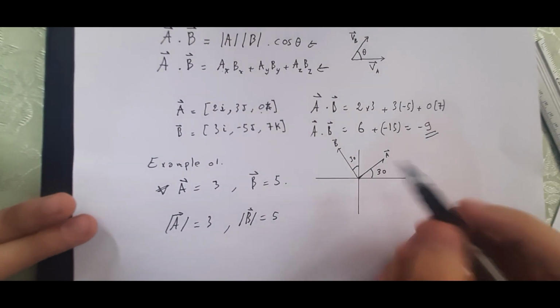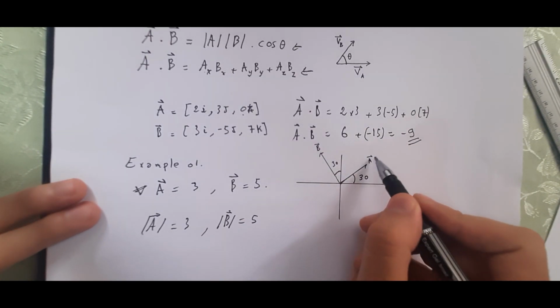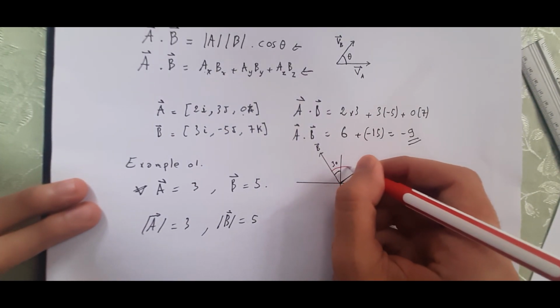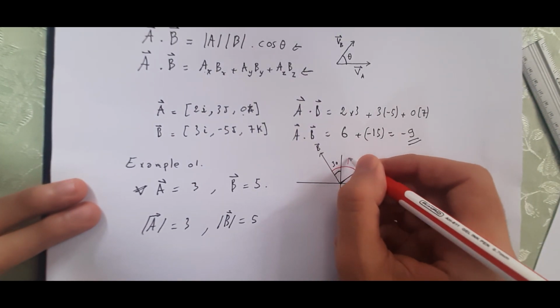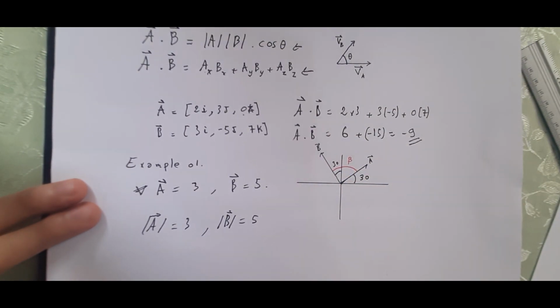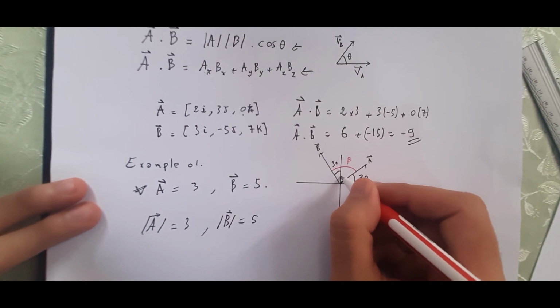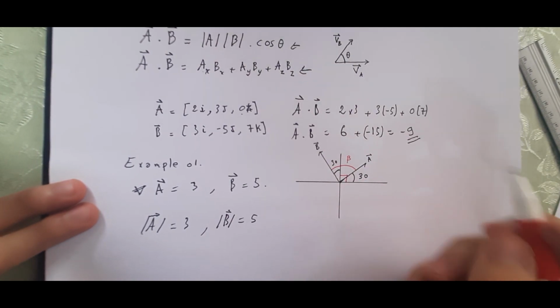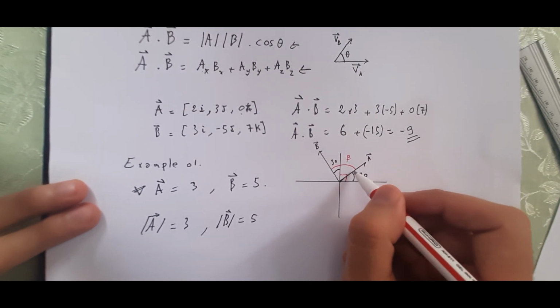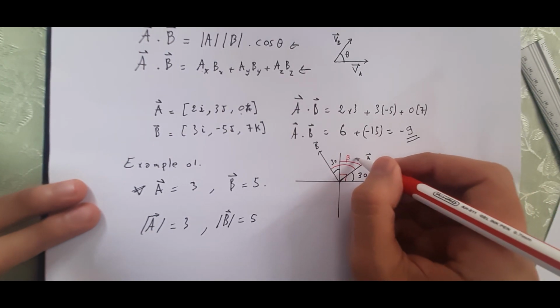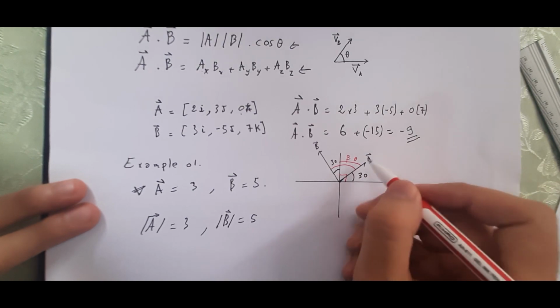Now we have to calculate the angle between A and B, which is this angle. Let's call it beta. We know that here we have 90 degrees. So this angle from A to the y-axis, let's call it theta.